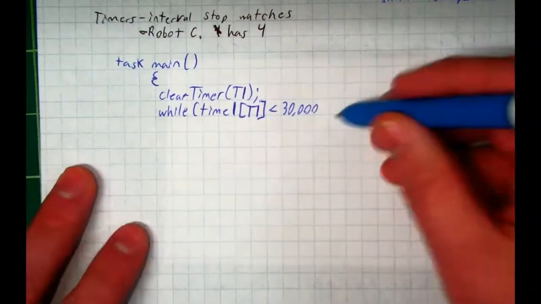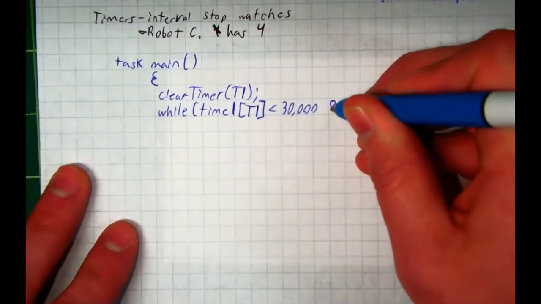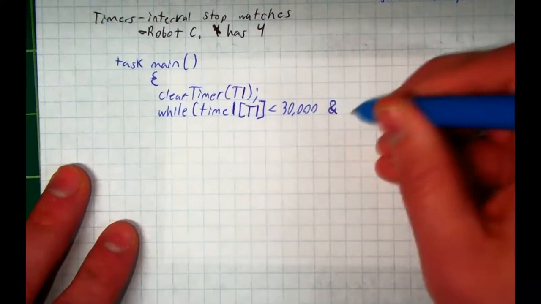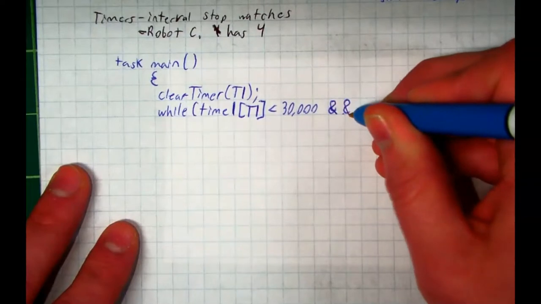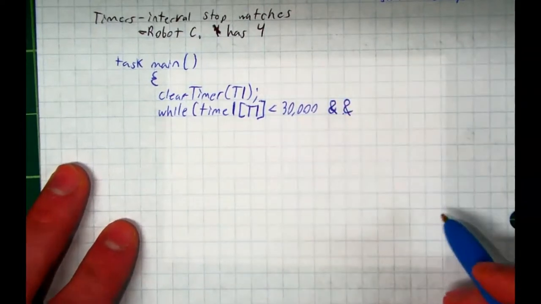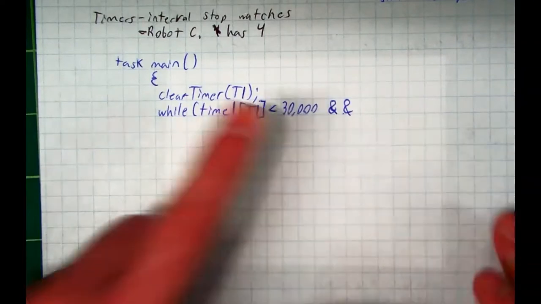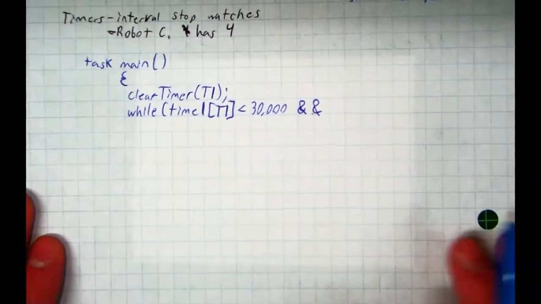We have to use 2 of them. We'll draw that backwards S, and then draw through, and then do it again. Let's say our bump switch is also not pushed. So while the timer is less than 30 seconds and our bump switch is not pushed.